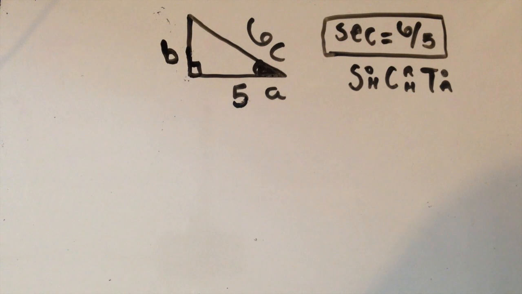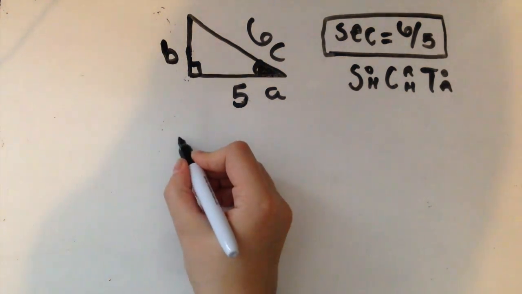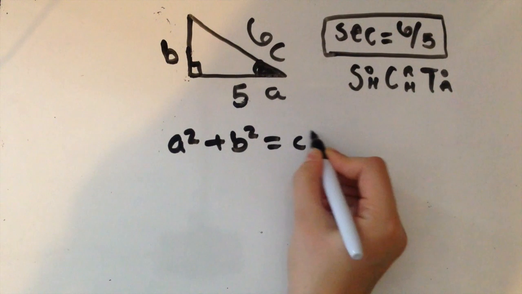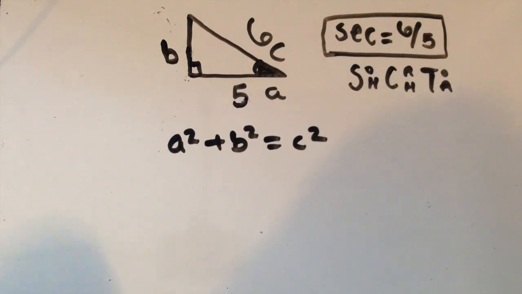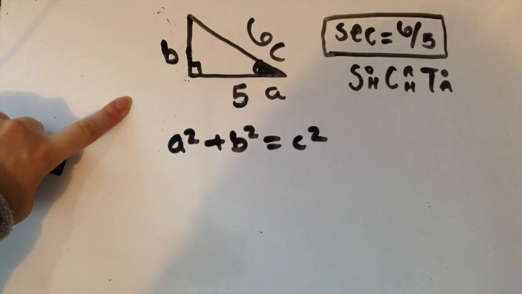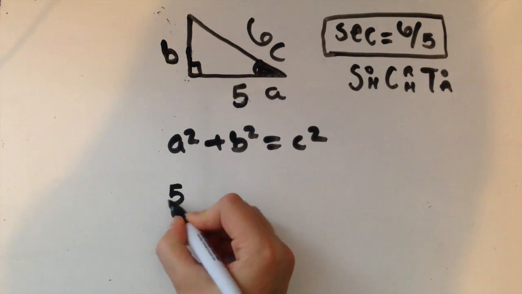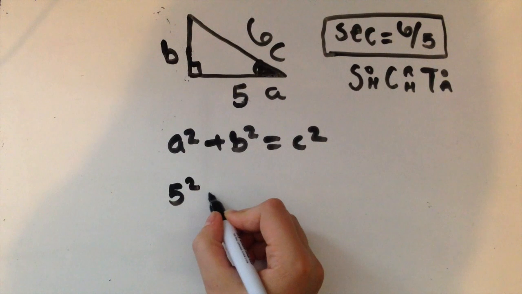Like I said earlier, the Pythagorean theorem plays a role in the math that we're doing. The Pythagorean theorem, which is a squared plus b squared equals c squared, is going to help us to figure out what b is. First, let's plug in what we know. A is 5, so we have 5 squared.